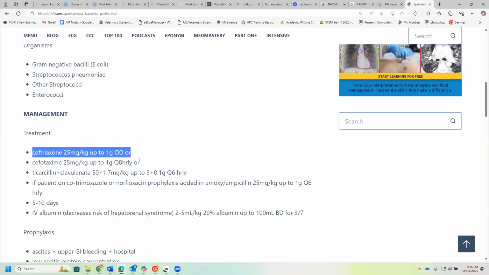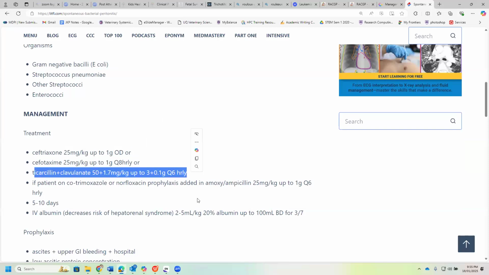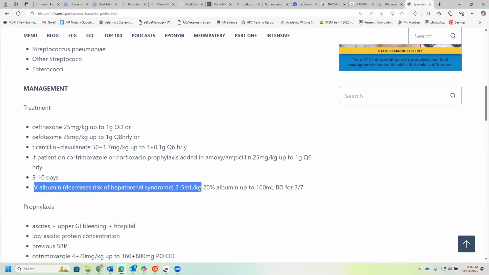So ceftriaxone or cefotaxime you can give, or if they are resistant or not responding, you can change based on infectious disease consultation to ticarcillin clavulanate, or if the patient is allergic to these, you can change to cotrimoxazole or norfloxacin, and also give IV albumin if there is a blood pressure problem as well.